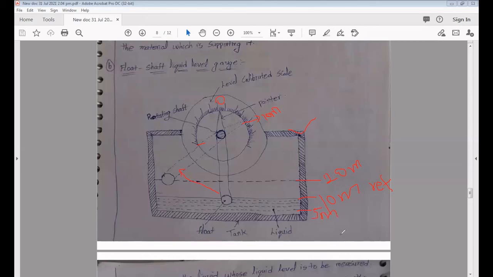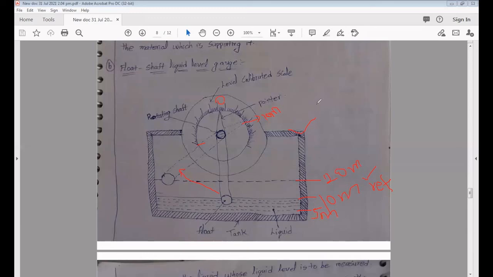How can we calculate it? It is based on the reference value: what the previous liquid level in the tank was, and what the liquid level is right now. Either it is less than the reference liquid level, or more than the reference liquid level.